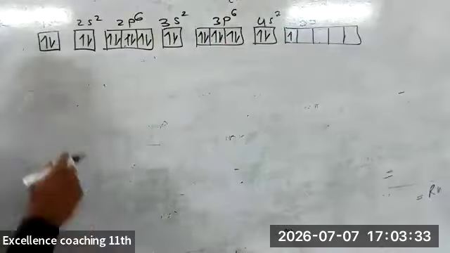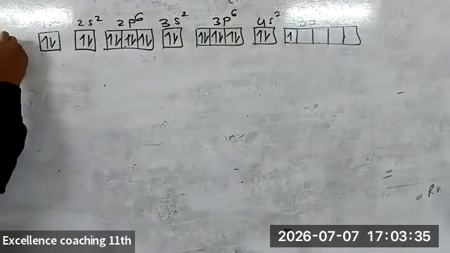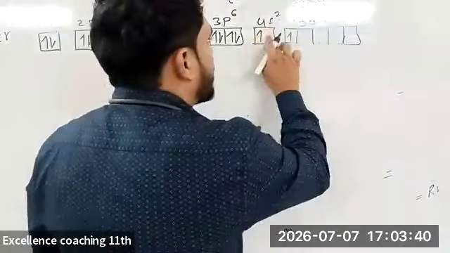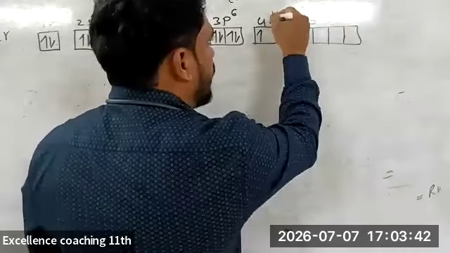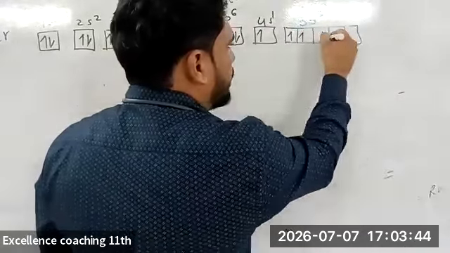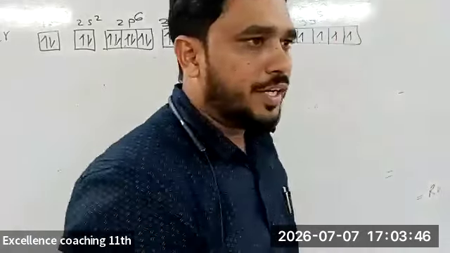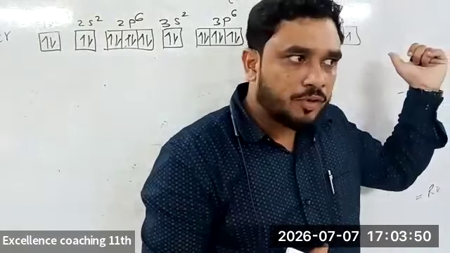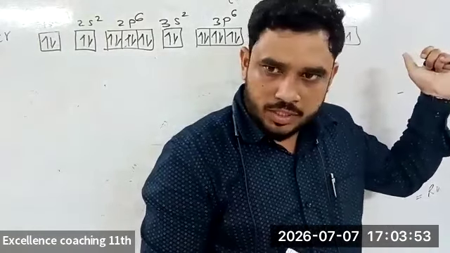Good. So I have done the chromium part. Chromium, atomic number is what? 24. So what is the correct electronic configuration for chromium? 4s1 and 3d5. Except her, all of you know this thing, no? Clear? 4s1, 3d5. Yes?